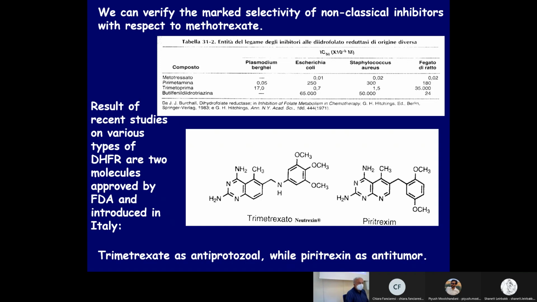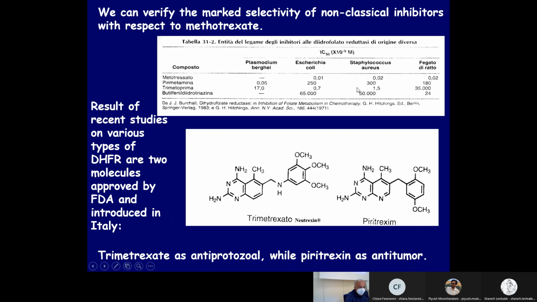If we see the profile of trimethoprim, you can see that trimethoprim is active against Plasmodium, so we can use trimethoprim as an antimalarial drug. It is also active against Escherichia coli, 0.7 for 10 to -8, so 10 to -9 molar.